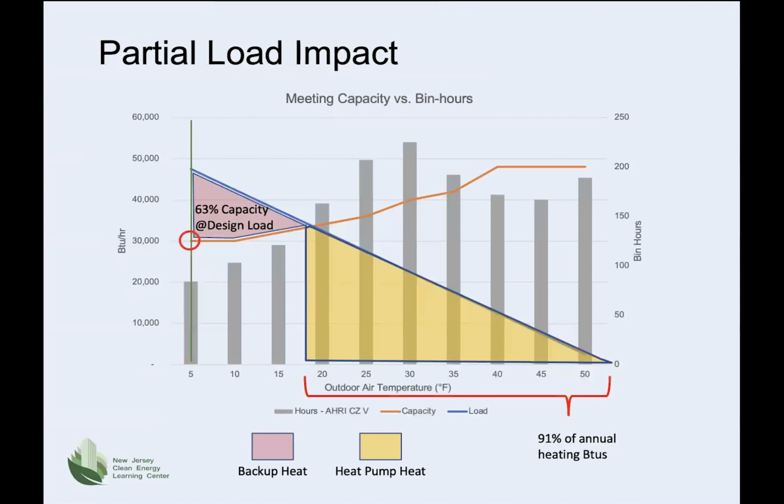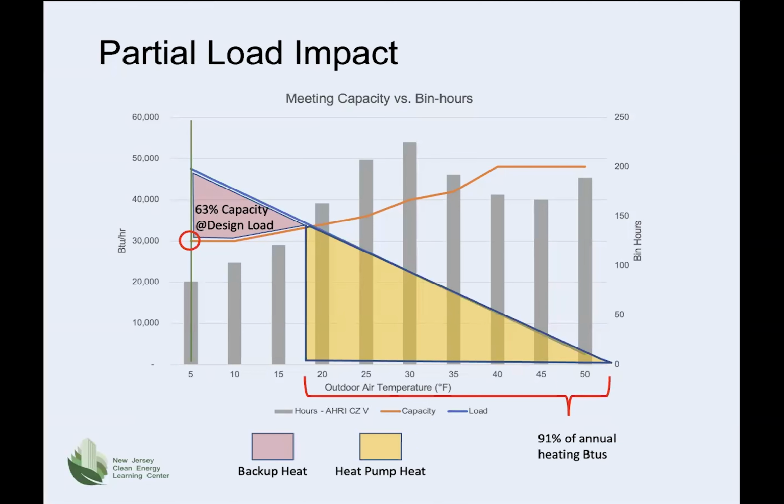This graph shows a scenario where a heat pump is sized and selected to meet the heating load about 91% of the time. Along the horizontal axis on the bottom are the outside air temperatures, varying from 50 degrees outside down to 5 degrees, which is the design temperature.